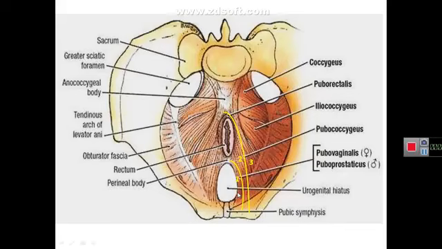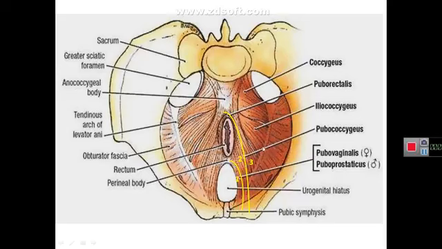There is a classification for the levator ani part, which is pubococcygeus. This figure shows the posterior coccygeus muscle, and anterior to it, all of this is levator ani. Levator ani is formed of this part, which is called iliococcygeus.